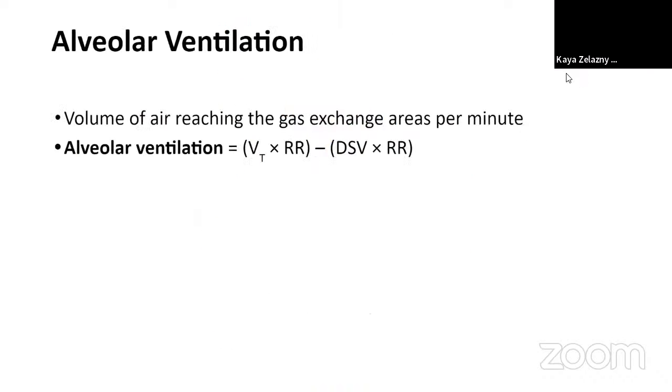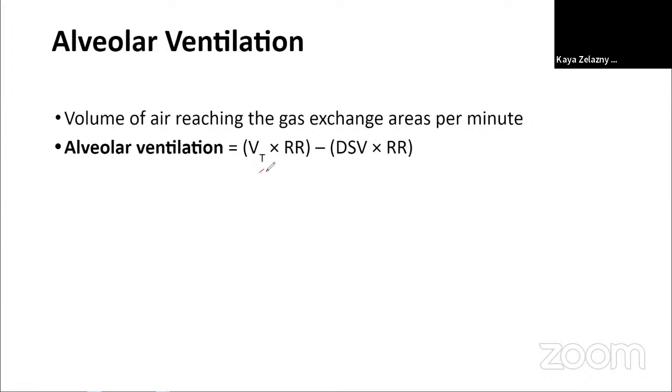Okay. How we do this is pretty simple, actually. All we need to do to figure out how much fresh air got into the alveoli is first calculate our minute ventilation. That's the calculation we just did.